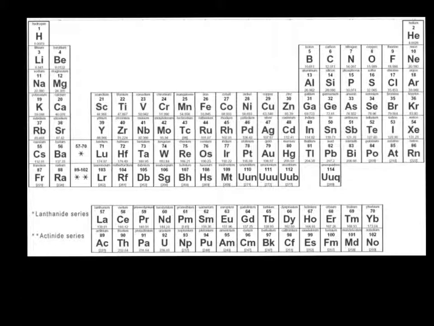The periodic table is organized based on how these levels fill. For example, everything in the first column right here ends with S1. Everything in the second column ends with S2.